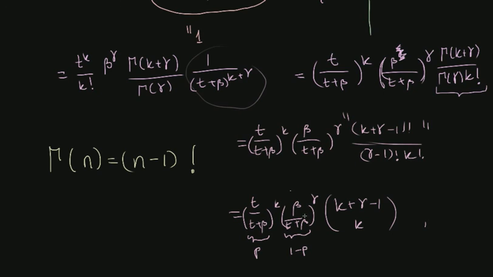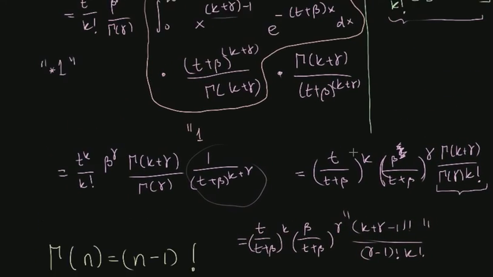So this is a nice result, and especially when gamma is a positive integer, we will get a negative binomial distribution that resembles the one that we know. So that was exercise 1.